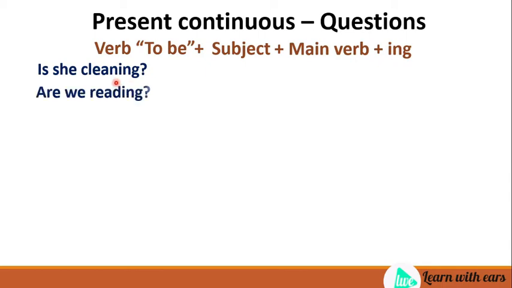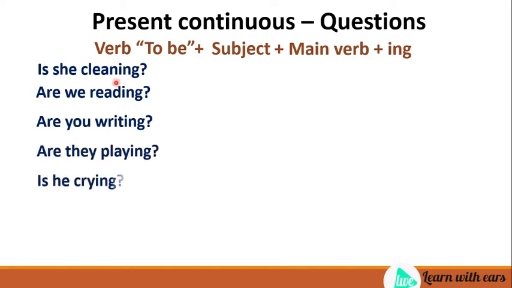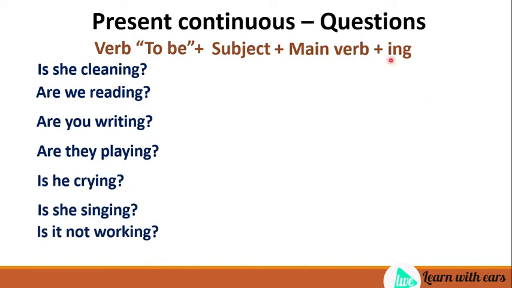Next sentence, are we reading? Are you writing? Are they playing? Is he crying? Is she singing? And is it not working? Okay, so here we have some questions, right?